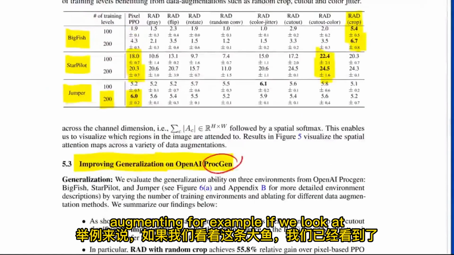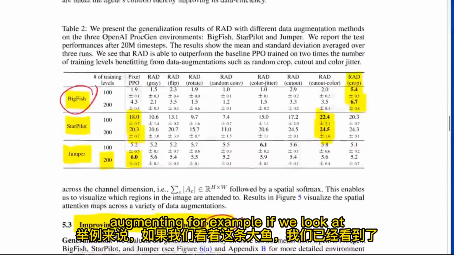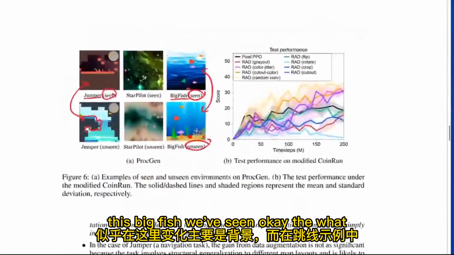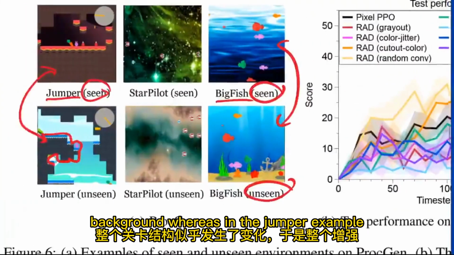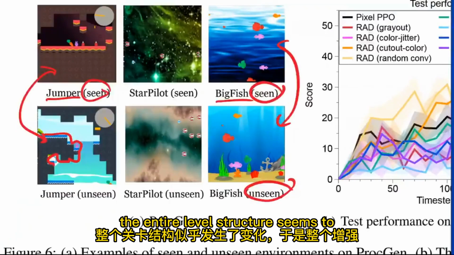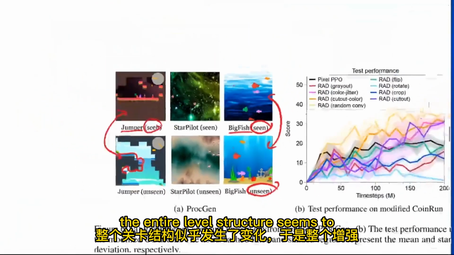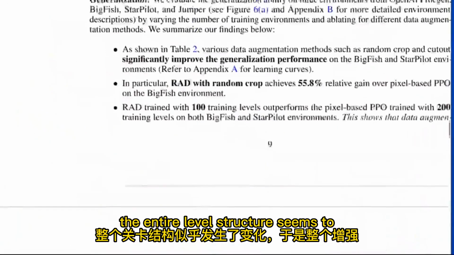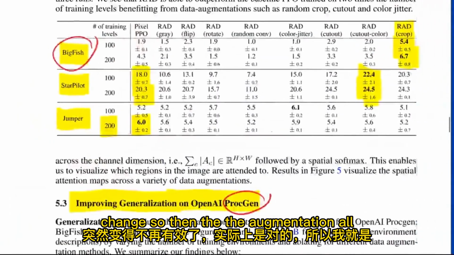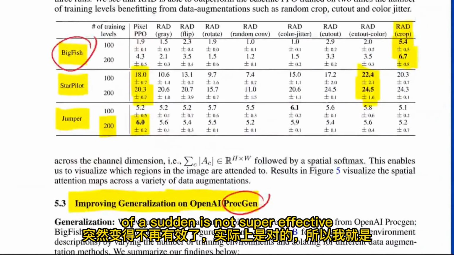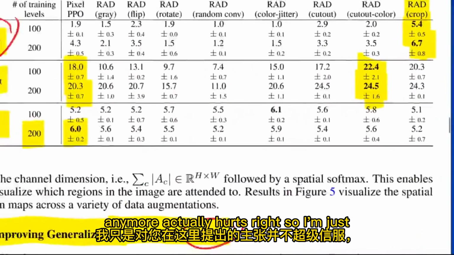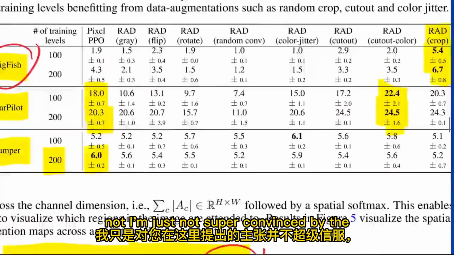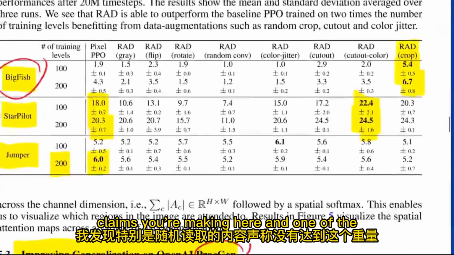For example, if we look at this Big Fish, what seems to change here is mainly the background, whereas in the jumper example, the entire level structure seems to change. So then the augmentation all of a sudden is not super effective anymore. Actually hurts, right? So I'm just not super convinced by the claims they're making here.